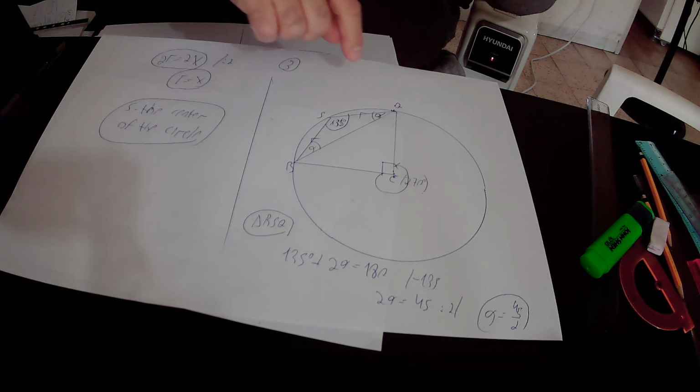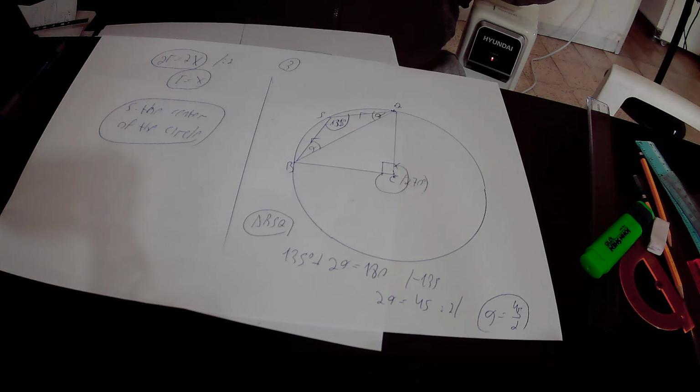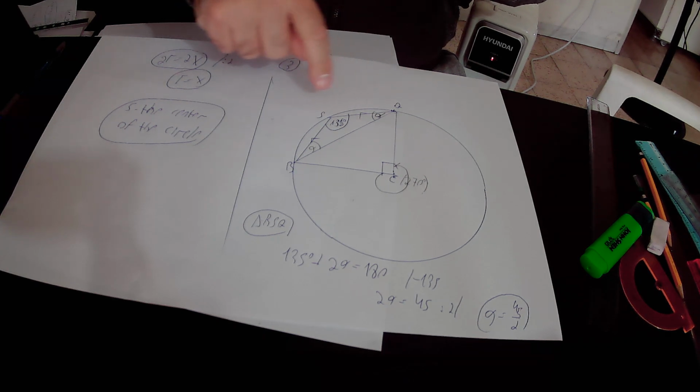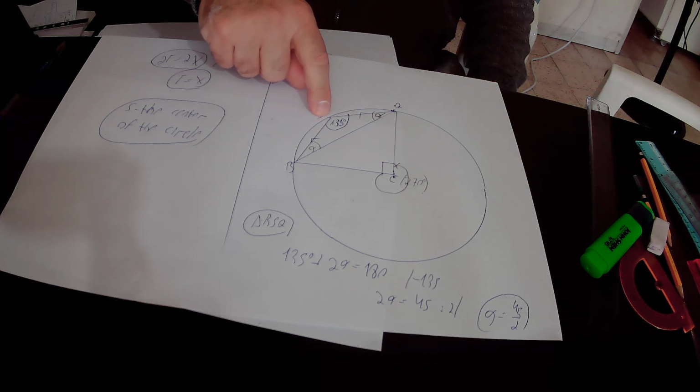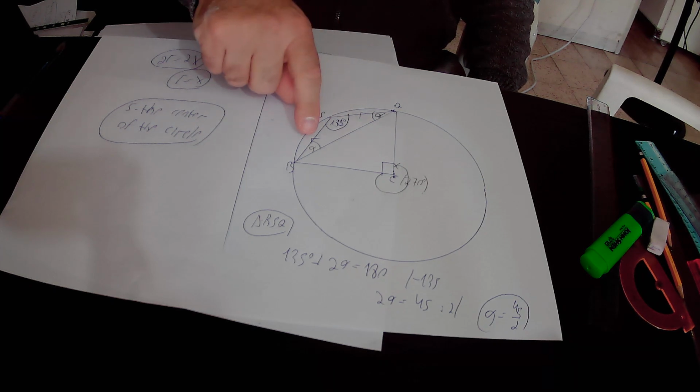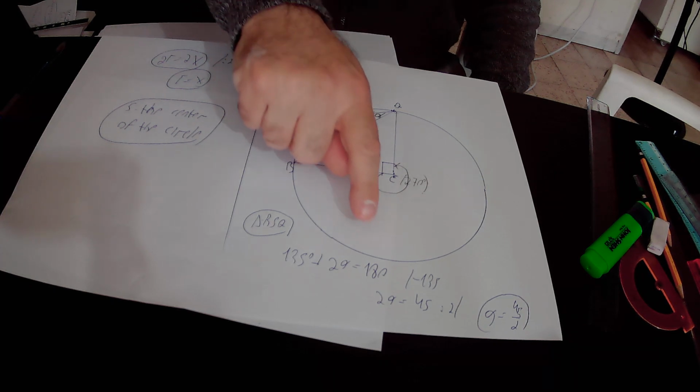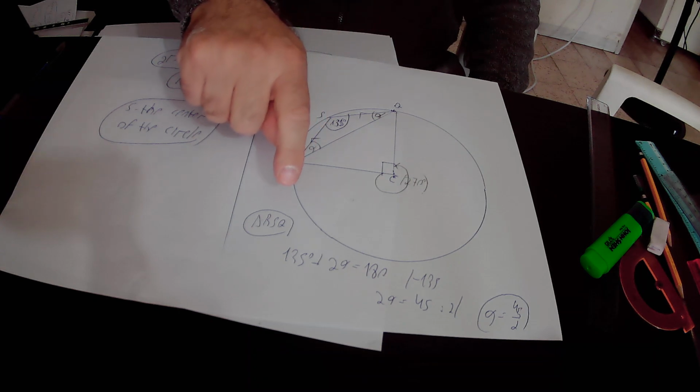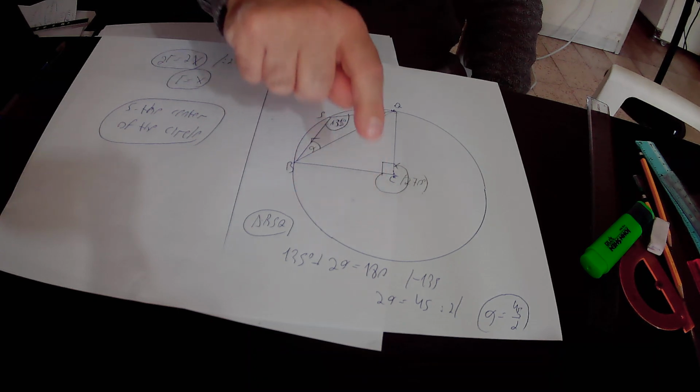And the sum of the angles in triangle QSB must be equal to 180 degrees according to the rule that the sum of the angles in any triangle is equal to 180 degrees. So which angles do we have inside triangle QSB? We have this angle that is 135 degrees plus alpha plus alpha, that is 2 alpha. In total they must be equal to 180 degrees. So 135 degrees plus 2 alpha equals 180 degrees.